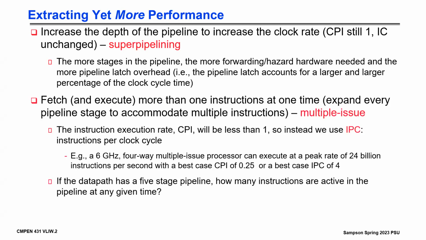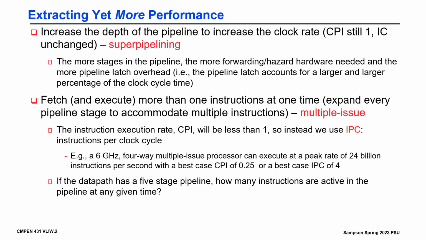Okay. The other way to get more out of your machine would be to fetch more than 1 instruction at once, right? If you want to get a CPI on the other side of the Flynn limit, at some point you have to have a multi-fetch, multi-issue machine. So if you think about what this means for your best case, consider the following.